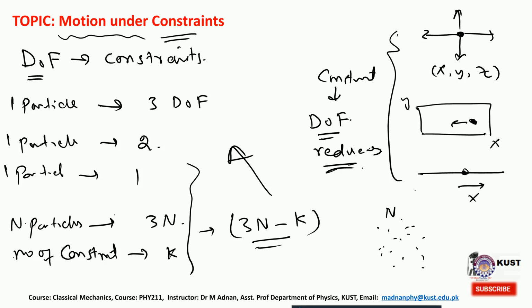So from this discussion we can conclude that once constraints are introduced, the degrees of freedom, or we can say the number of independent ways in which a system can act, reduces. So constraints reduce the freedom of the particles.